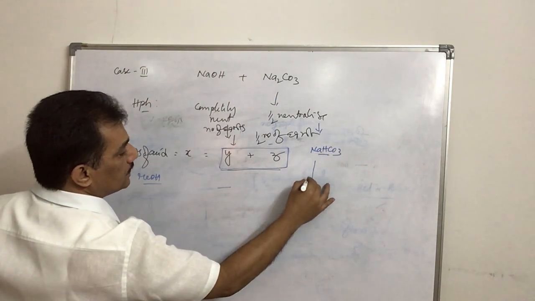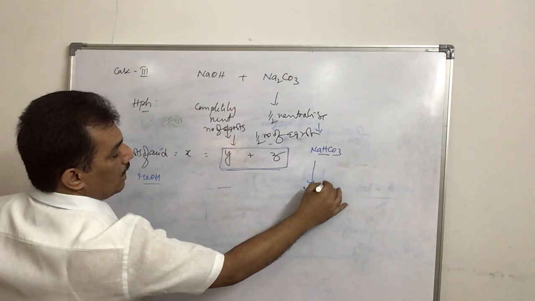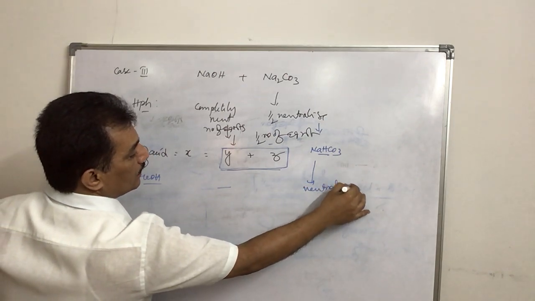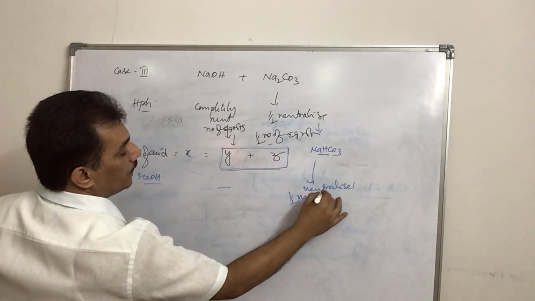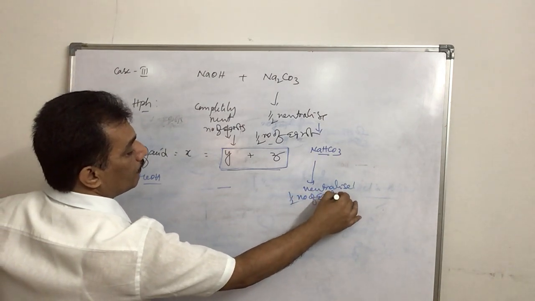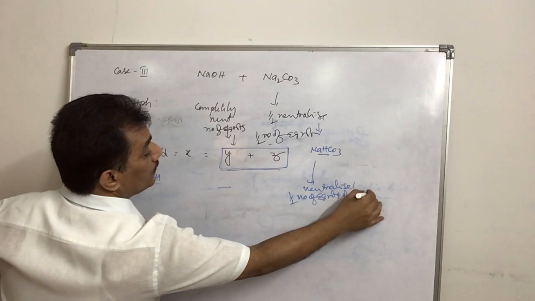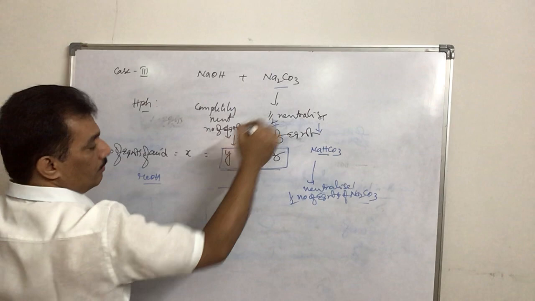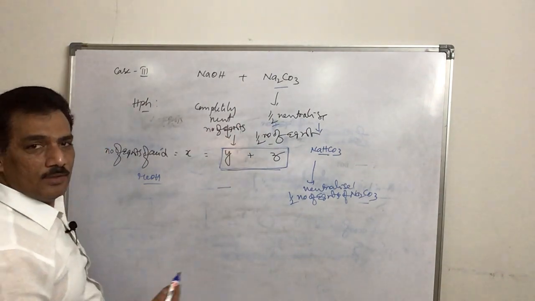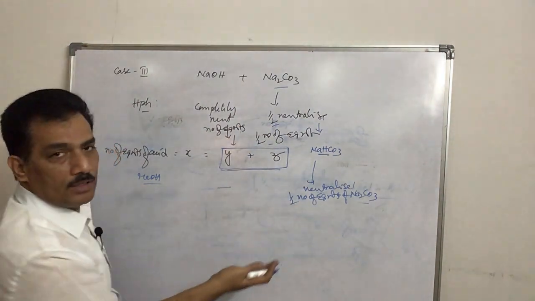And this neutralization is nothing but giving half the number of equivalent weights of Na2CO3.